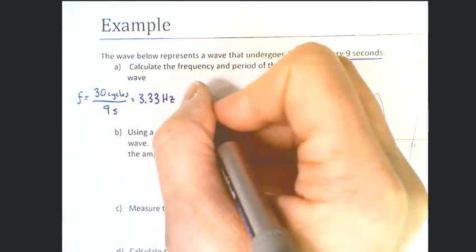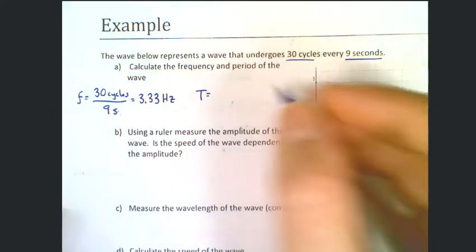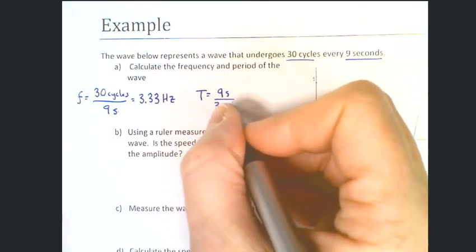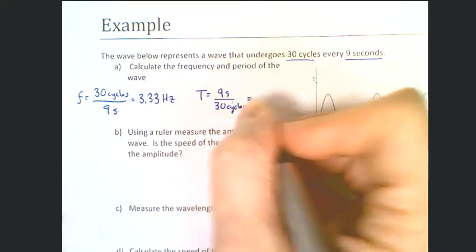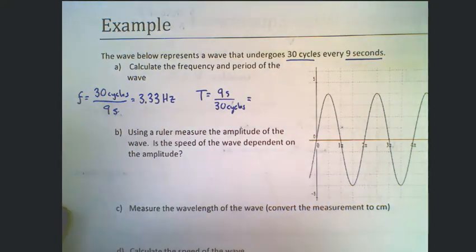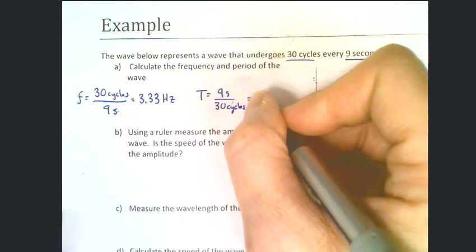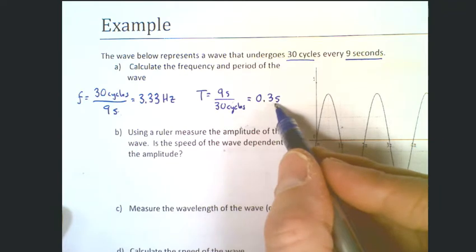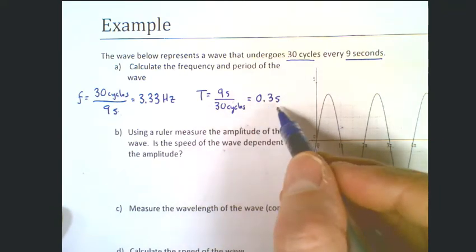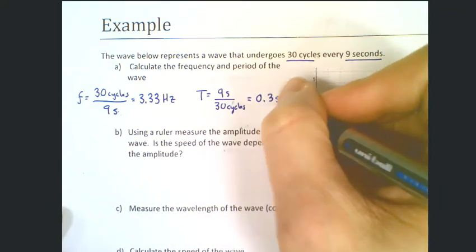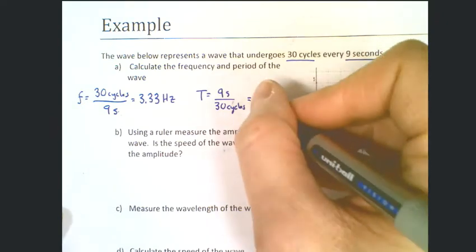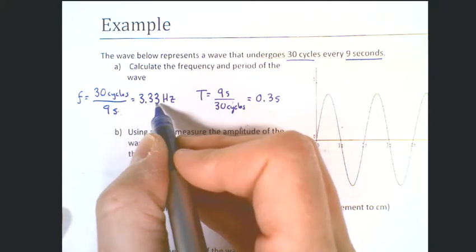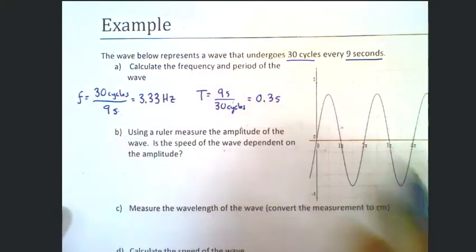Period is 9 seconds. It takes 9 seconds to do 30 cycles, which is 0.3 seconds. So it takes 0.3 seconds to do one cycle. So you could write it as seconds per cycle. So it would take 0.3 seconds for every cycle, or 3.33 cycles per second, which is the hertz.